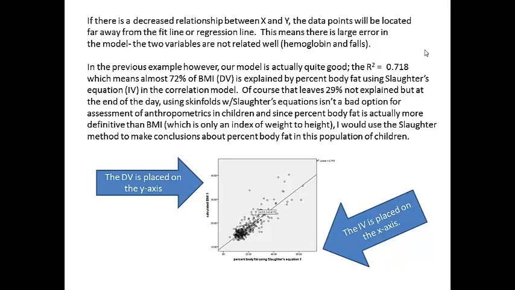Of course, that leaves 29% not explained, but at the end of the day, using skin folds with Slaughter's equations isn't a bad option for assessing anthropometrics in children, especially if that's all you've got. So I'd feel pretty comfortable using the Slaughter method to make conclusions about percent body fat in this population of children. I might feel less confident about it in our larger children in the sample.